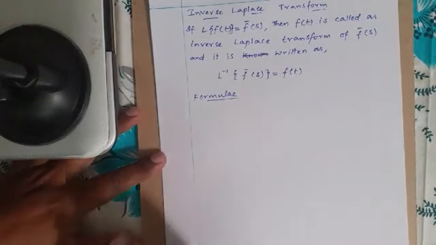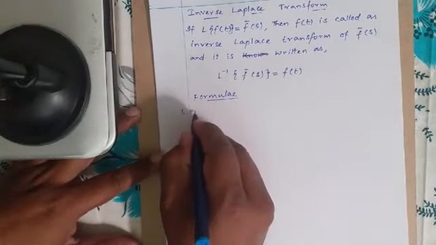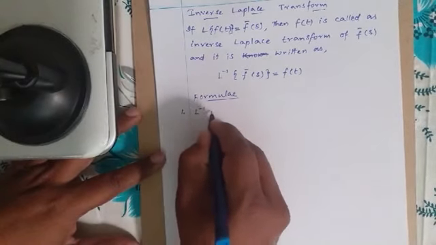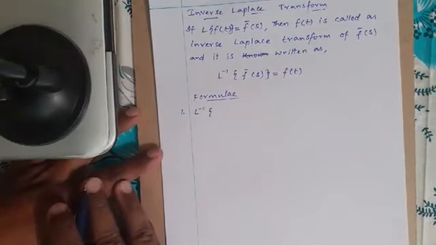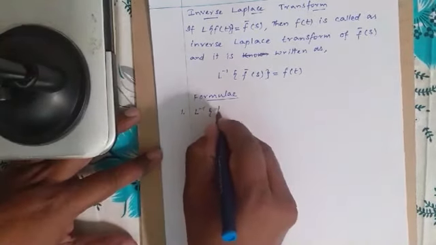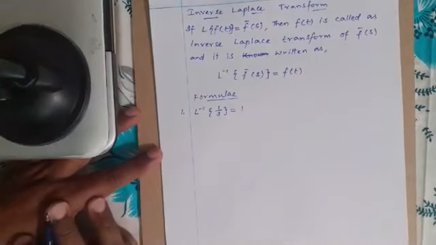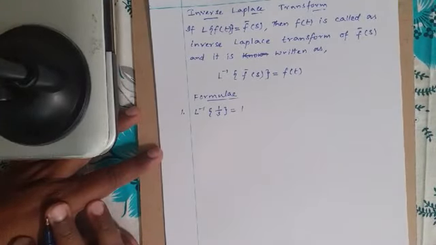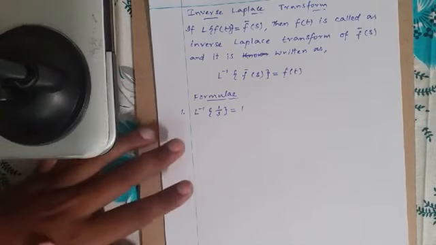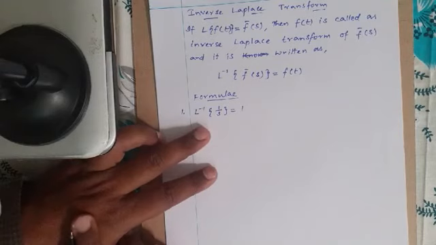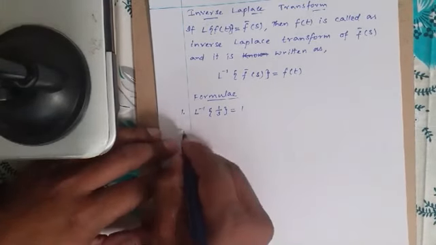So when you write the formula, first one, as we are dealing with inverse Laplace, L inverse 1 by s is equal to 1. As you know, in the previous topic Laplace transform, Laplace of 1 is equal to 1 by s. Here L inverse of 1 by s is equal to 1, so this is vice versa.